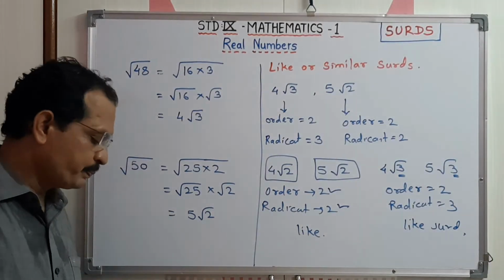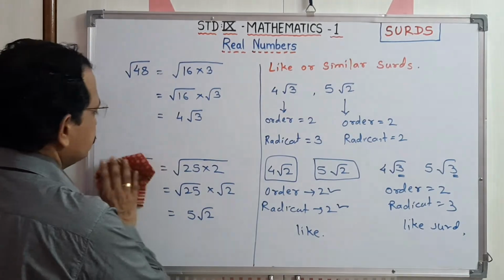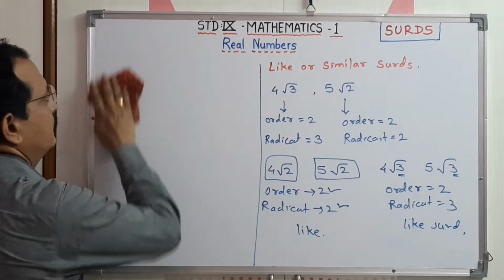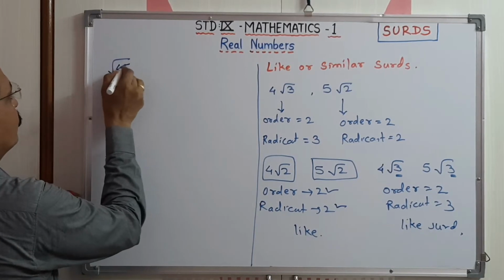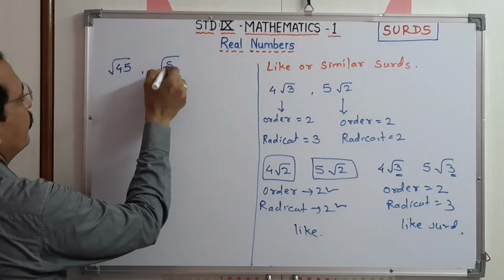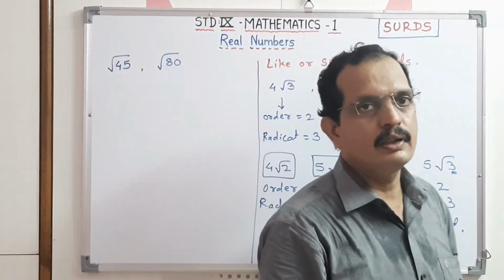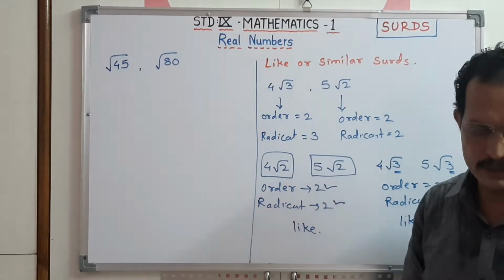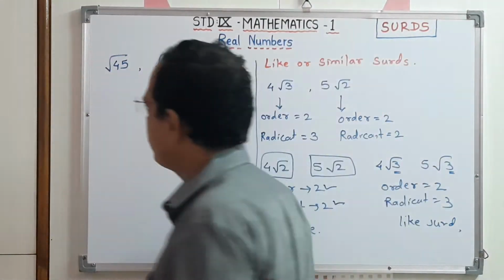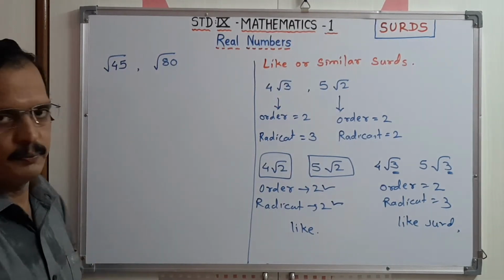Now see, suppose I take another example. Root 45 and root 80. We have to decide whether the given two surds are similar surds or like surds. For that purpose, first of all, we have to observe the order.